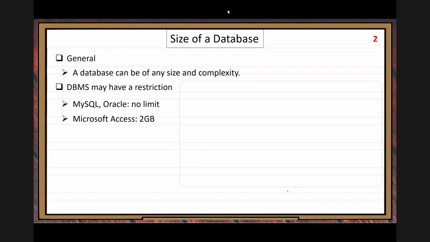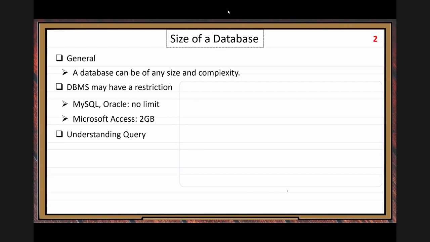Because the target of Microsoft Access is small business, even very small or personal business. If the business is a little larger, then they do not try to target that group of people.